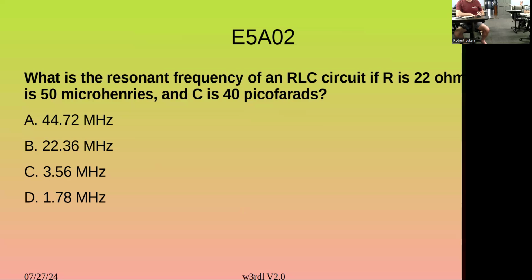If you're doing this and you have multiple choice, just put 40 times 50, take the square root of that, instead of worrying about where the decimals are. And when your answer comes out, it's going to look like one of those answers. Now, the other thing, in almost all of these multiple choices, you're going to have two answers that are way out in left field. So you're kind of down to two possible. And even if you approximate, you're going to be closer to one than the other.